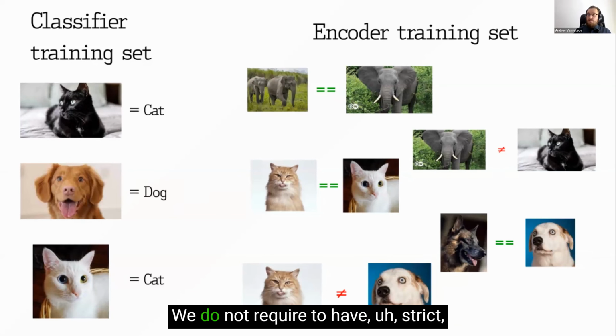In similarity learning, we do not require a strictly defined set of labels. Instead, we only need some understanding of which objects are similar and which are not. This gives us a lot of opportunities in terms of data usage.